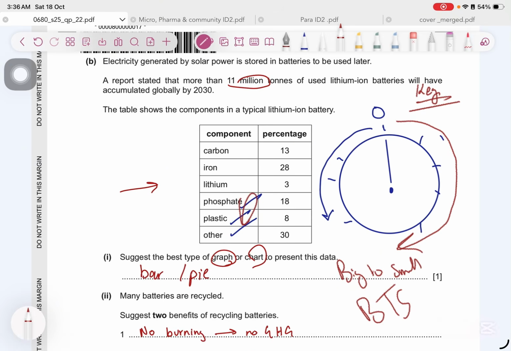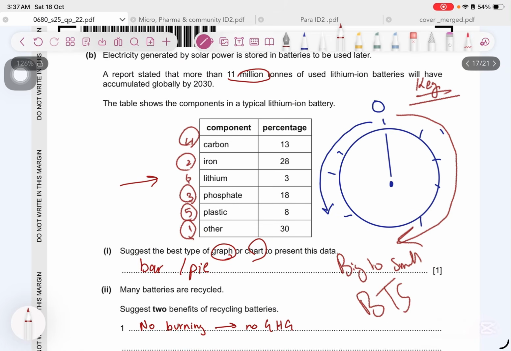So if we're talking about this one, okay, first thing we're gonna plot the other, then we're going to plot iron, then we're going to plot phosphate. After that we're gonna plot carbon. We're going to plot plastic, and lastly it's going to be lithium. Okay?